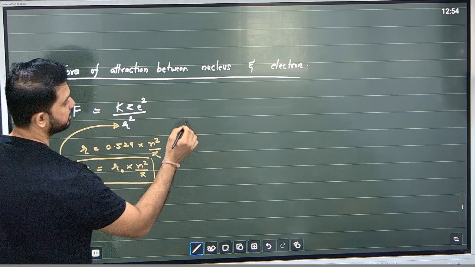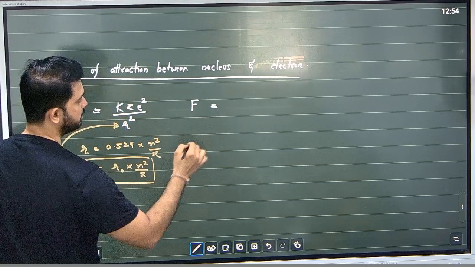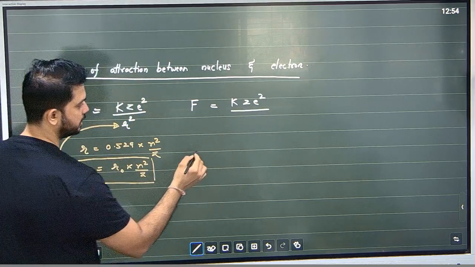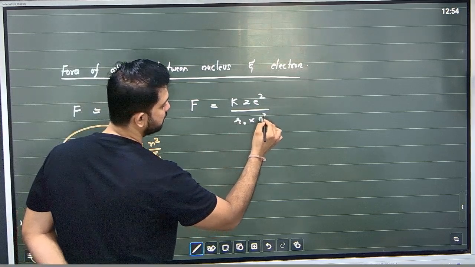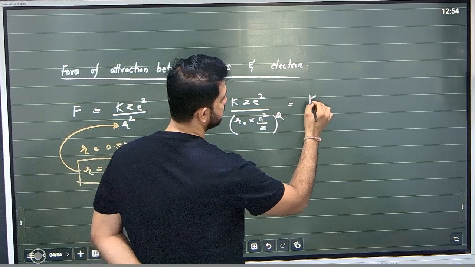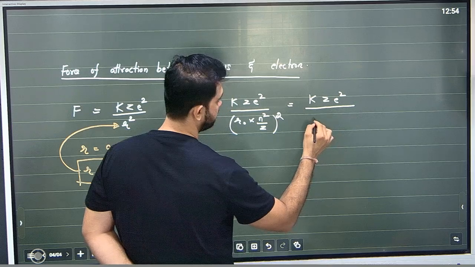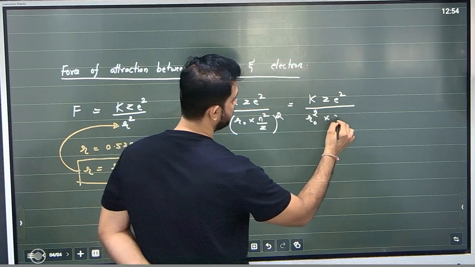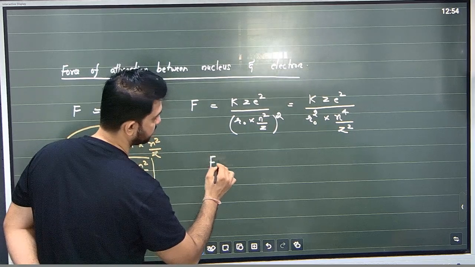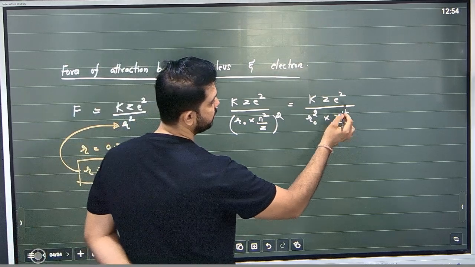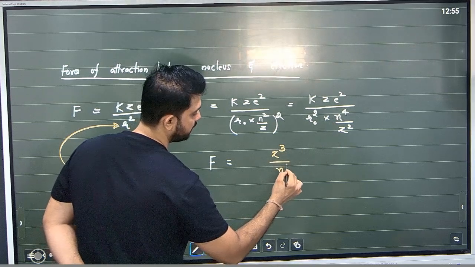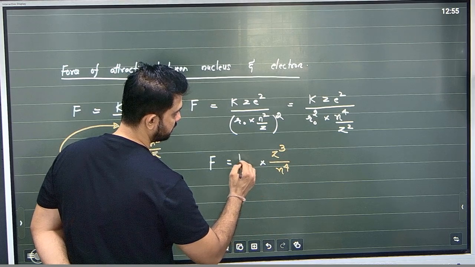F is equal to k z e square upon r naught square into n raised to 4 upon z square, and this z is going to become z cube upon n raised to 4.